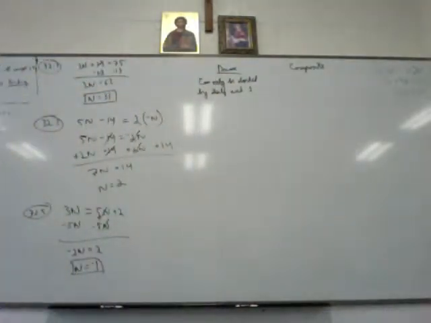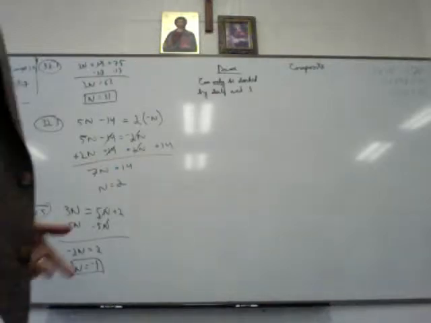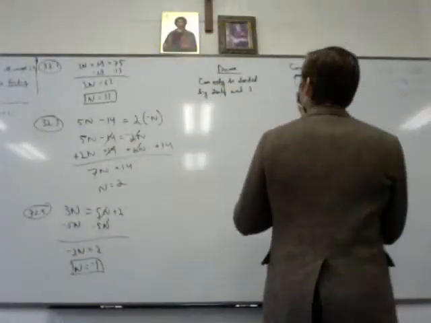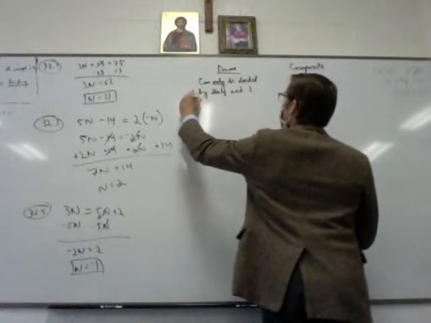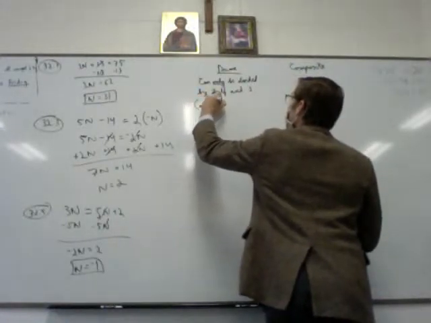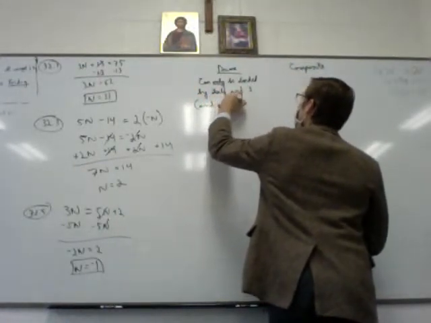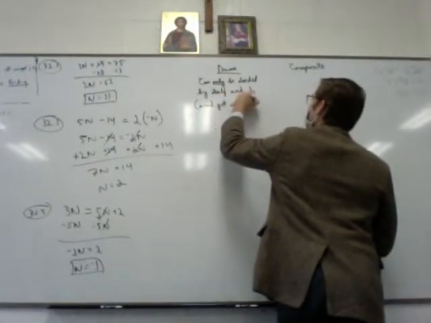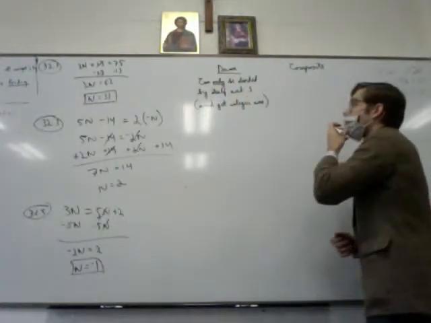Any number we can always divide by 1 and get an integer. Obviously, we can divide anything by any other number, but we'll end up with a fraction rather than an integer answer.